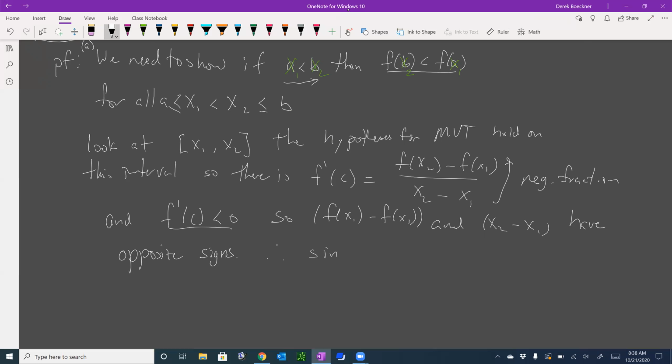Therefore, if x2 minus x1 is bigger than 0, we have f of x2 minus f of x1 is less than 0, making f of x2 less than f of x1, which is what we needed to show.